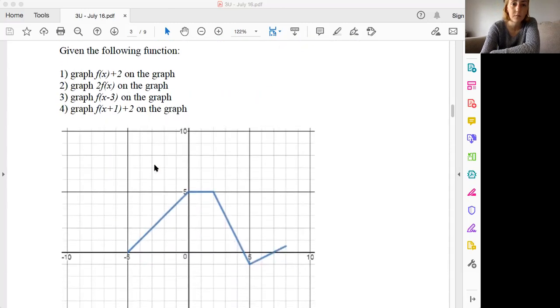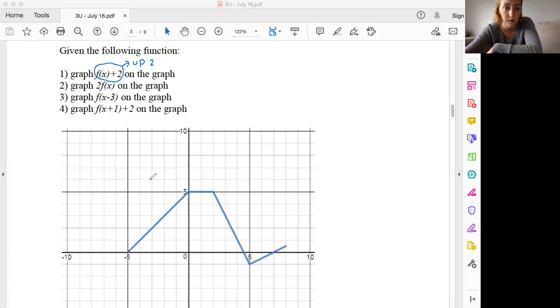Given the following function, you have to graph these guys. Like we've seen before, this means that it goes up 2. When we have our plus 2 here, all of our points go up 2.